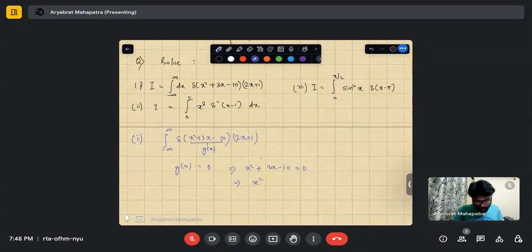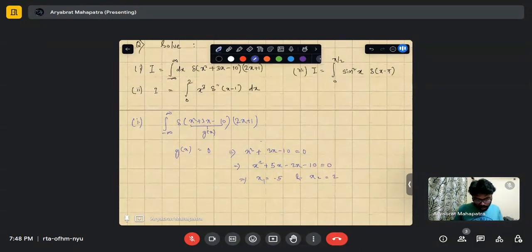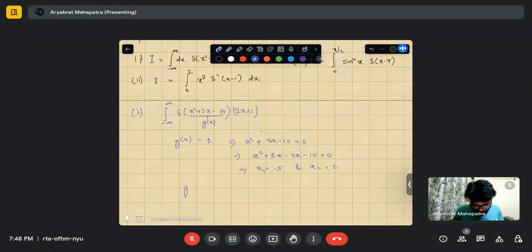You can see that I can write this as x squared plus 5x minus 2x minus 10 equals 0. So x1 equals minus 5 and x2 equals 2. These are the two roots. Then I can write g of x as x plus 5 times x minus 2.